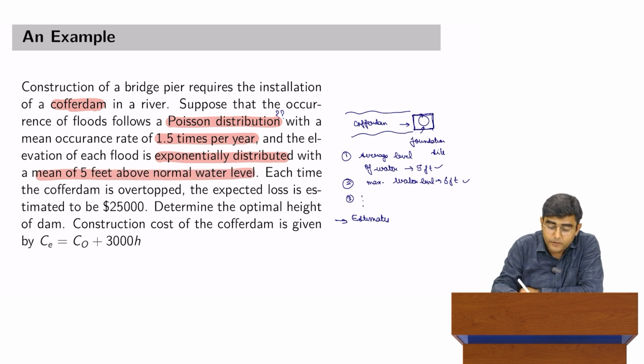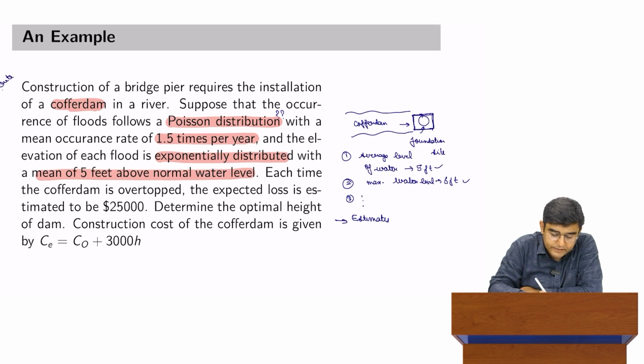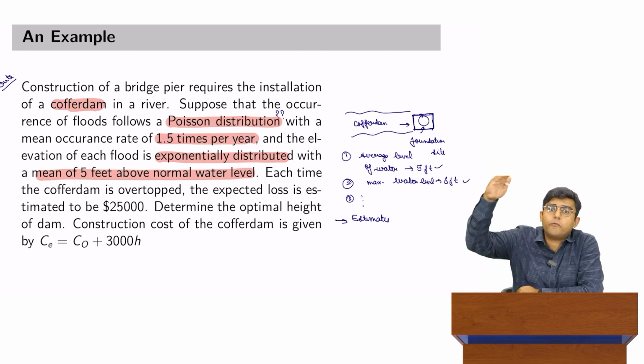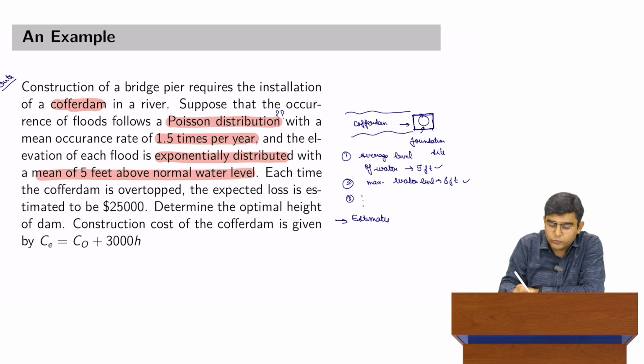So there is another information. Now you see that when we talk about number of floods, these events are going to be discrete. That is, we can count 1, 2, 3, 4, and so on. When we talk about level of water in the river, it can be 1 meter, it can be 1.1 meter, it can be 1.2, it can be 1.25.